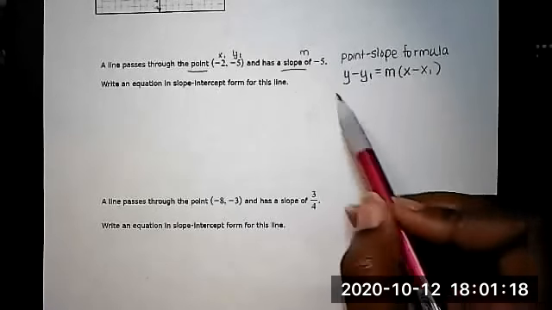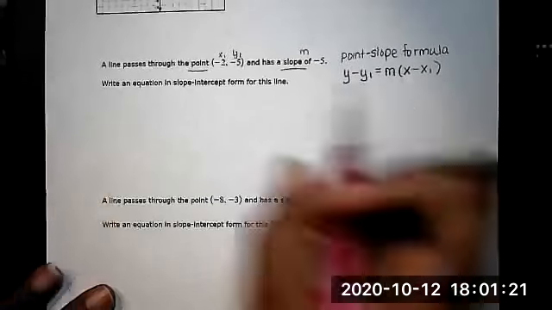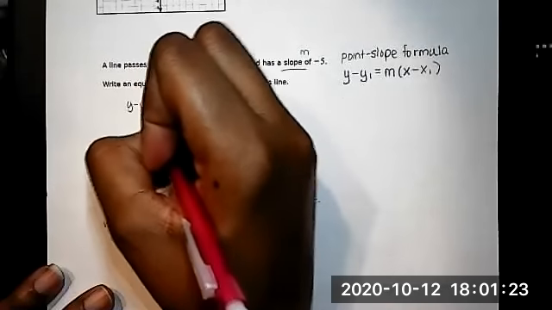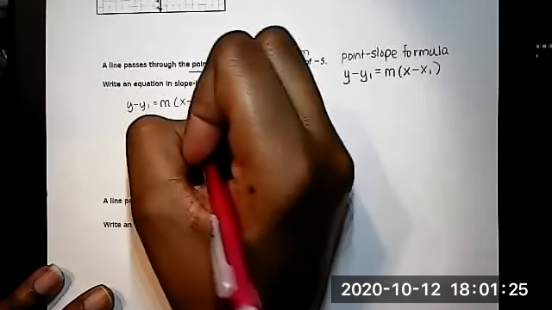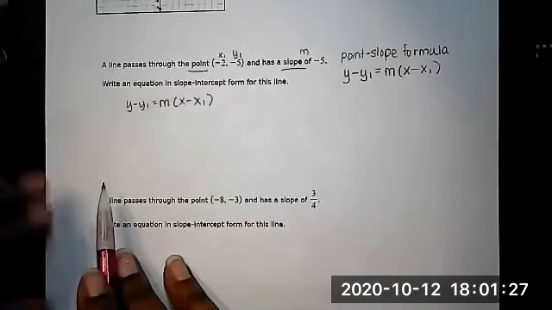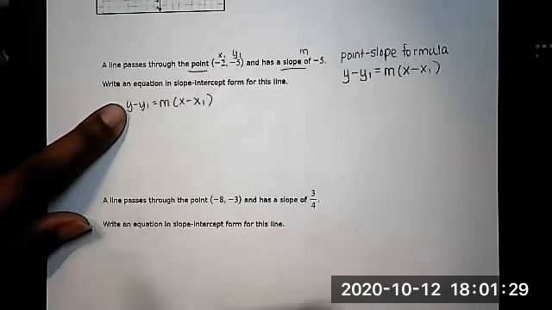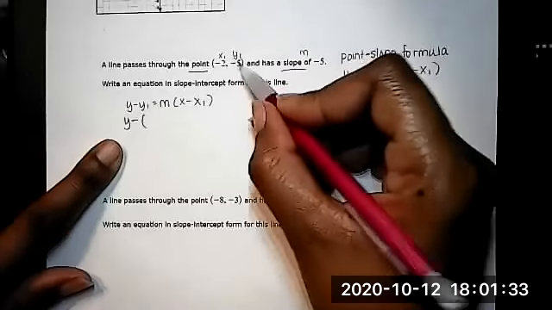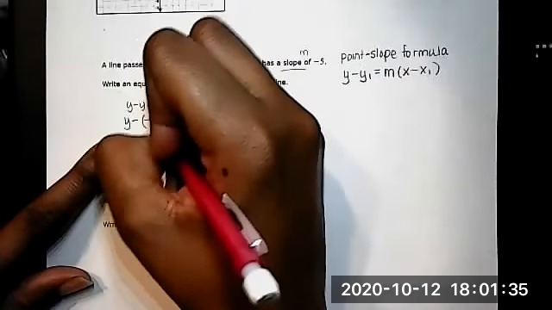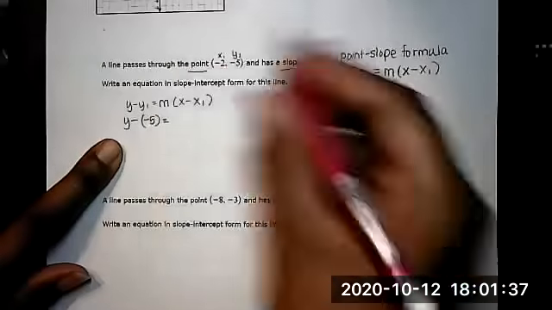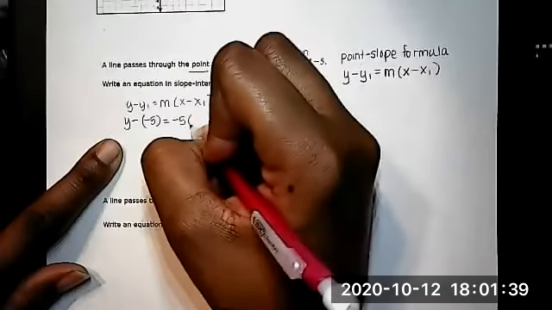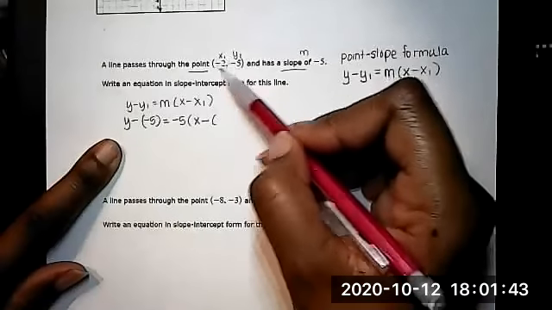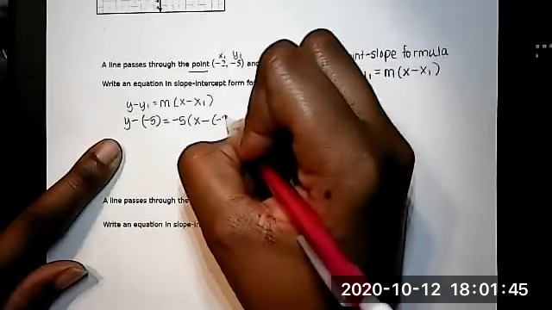So this is the formula that you're going to use. Y minus y1 equals m times x minus x1. So in place of y1, we're going to say y minus, in place of y1, we're going to put -5. Equals, the slope is actually -5 times x minus, and in place of x1, you're going to put -2.